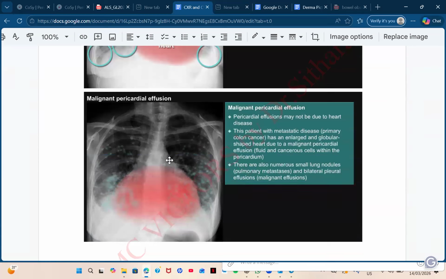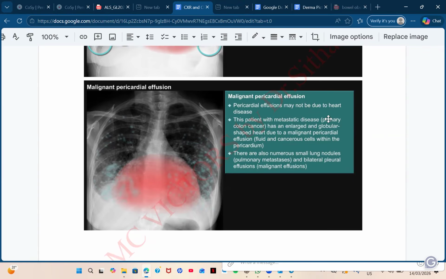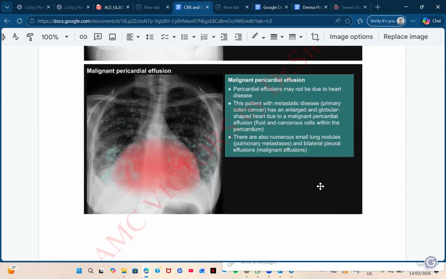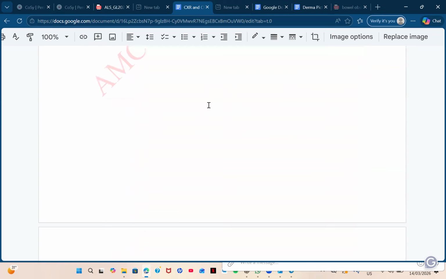They have mentioned the malignant cause. There can be different reasons for pericardial effusion, right, doctors? Here they have mentioned this patient with metastatic disease from primary colon cancer has an enlarged and globular shaped heart due to malignant pericardial effusion, fluid and cancerous cells within the pericardium.